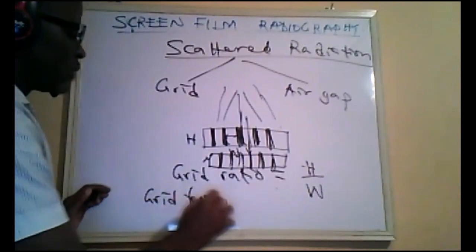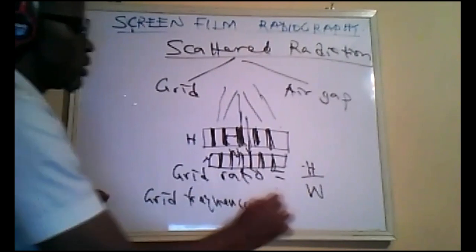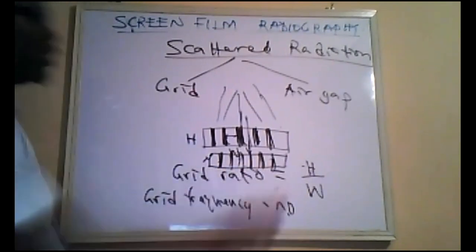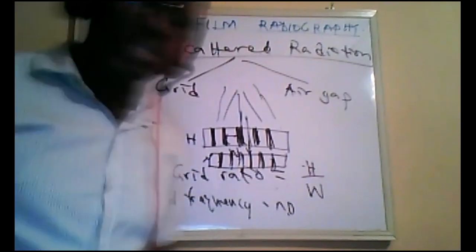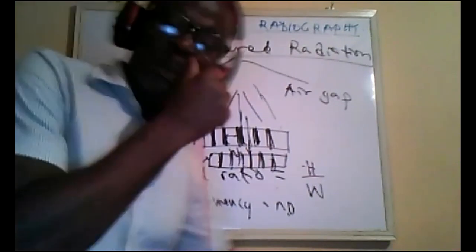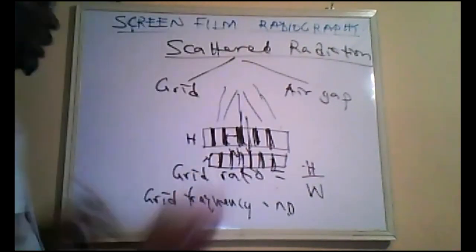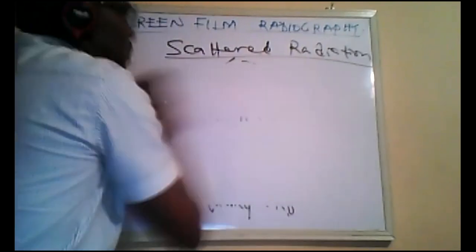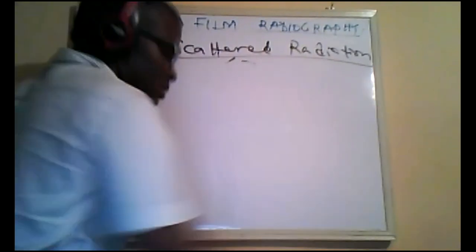So grid frequency is the number of these lead bands per unit length of the grid material. Okay, so I have some diagrams to show you.